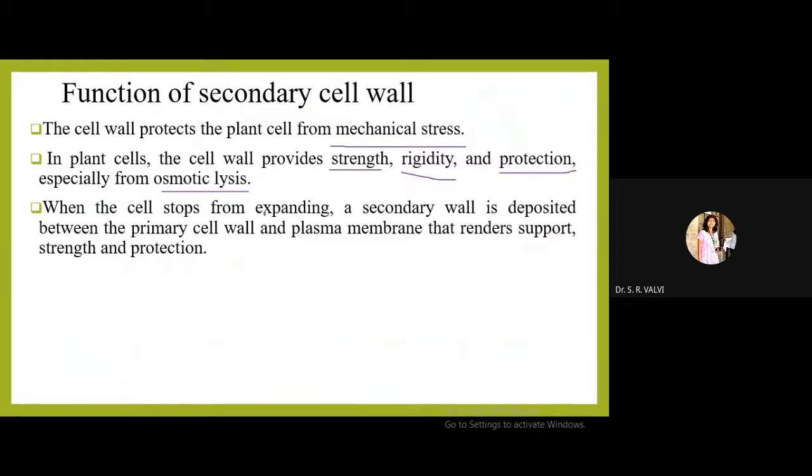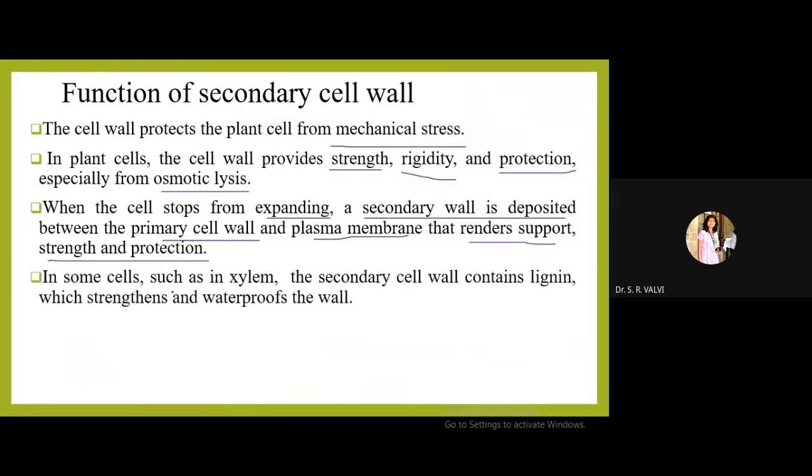When the cell stops expanding, see, expansion is the main function played by the primary cell wall. So when this expansion stops, the secondary wall is deposited between the primary cell wall and plasma membrane, and that lends support, strength and protection. Getting it? So when the primary cell wall stops expanding, the secondary cell wall forms and deposits in between the cell wall and plasma membrane, right?